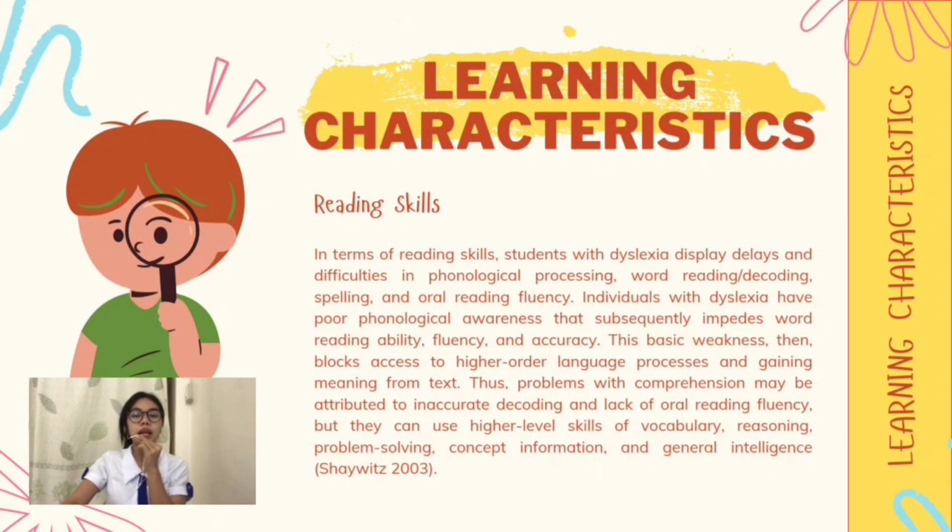So individuals with dyslexia, or those individuals who have difficulty with reading, have poor phonological awareness that subsequently impedes word reading ability, fluency, and accuracy. So why? Mulihis na po ko sa topic ha, adto sa anatomy sa atong brain.